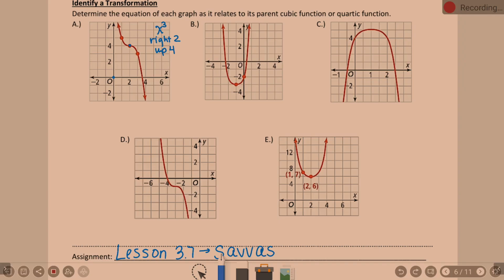What else happened along the way? Does it still look the same? What did it do? Think in terms of the transformation you can't see on the screen anymore. What did it do that would make it, instead of going up, go down basically?